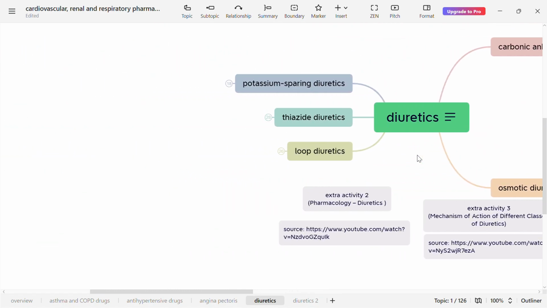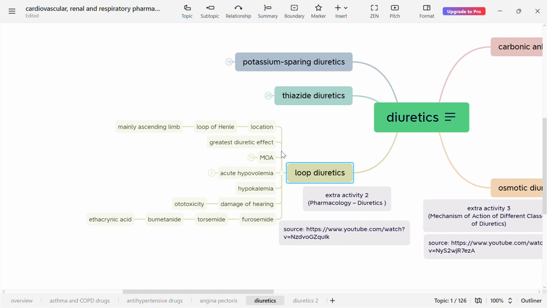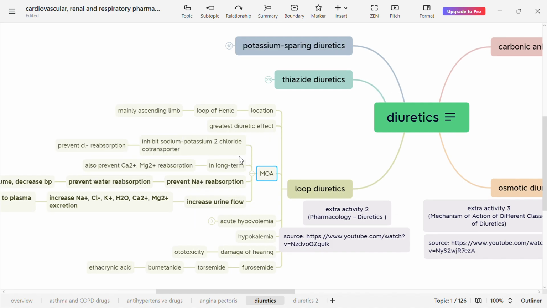Continuing to the third diuretic, the loop diuretics, the location of action is mainly the ascending limb of the loop of Henle, and its mechanism of action is it will inhibit the sodium-potassium-2-chloride co-transporter, preventing chloride ion reabsorption, and in the long term, this will prevent calcium ion and also magnesium ion reabsorption.